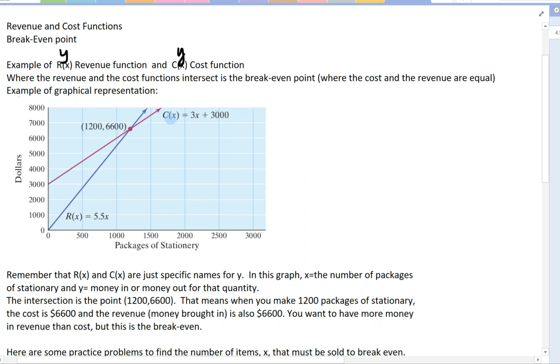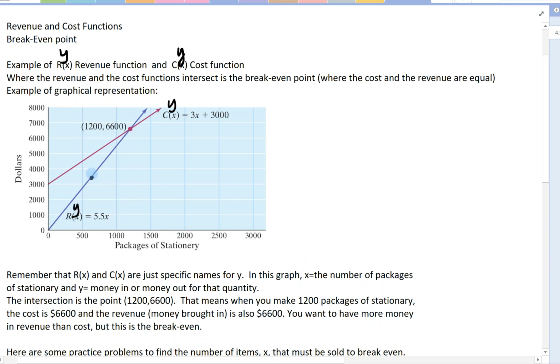Now, the C function, which is the cost function, you have a cost even if you don't sell any because you had to make them. Maybe you had to pay electricity, you had to pay rent, even if you didn't make and sell any. As you make them, all of your expenses increase and your cost increases. Every point on this line has an X and a Y because I am going to call these Y's.